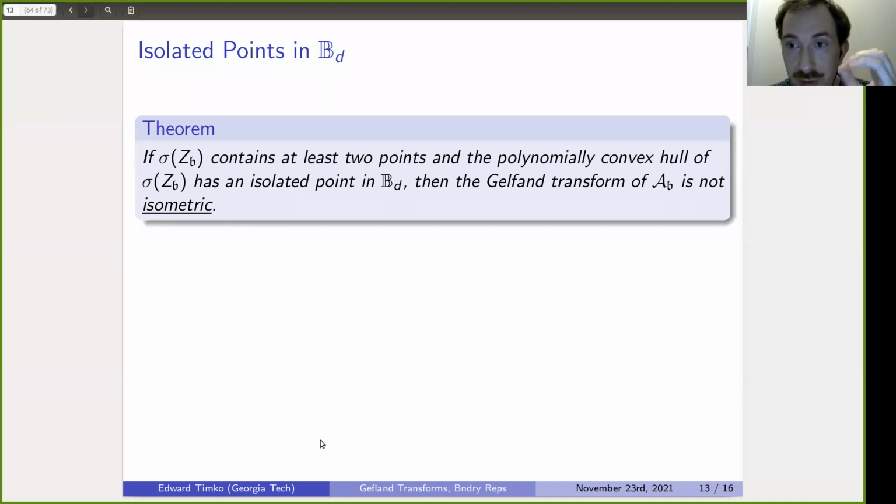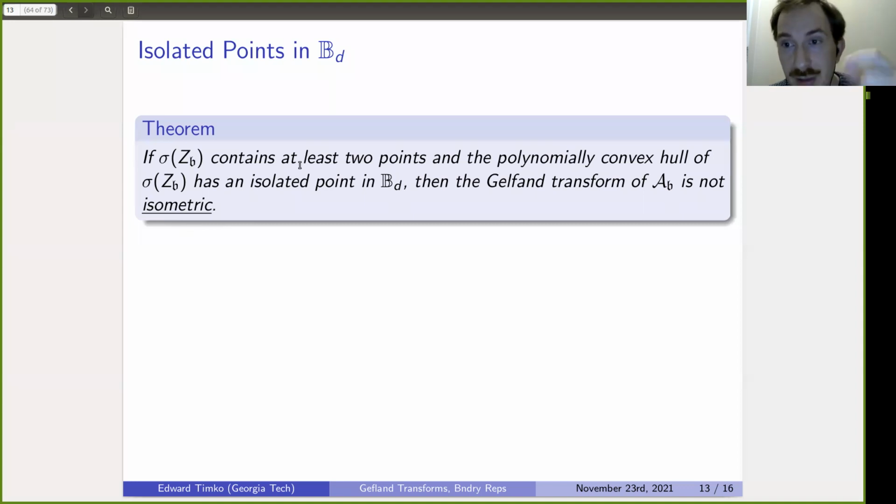How about points where it is isolated? In this case, we're going to again look at the spectrum, and we're going to assume that it has at least 2 points, and that the polynomially convex hull of the spectrum has an isolated point in B_d. Then we can say that the Gelfand transformation of A is not isometric.